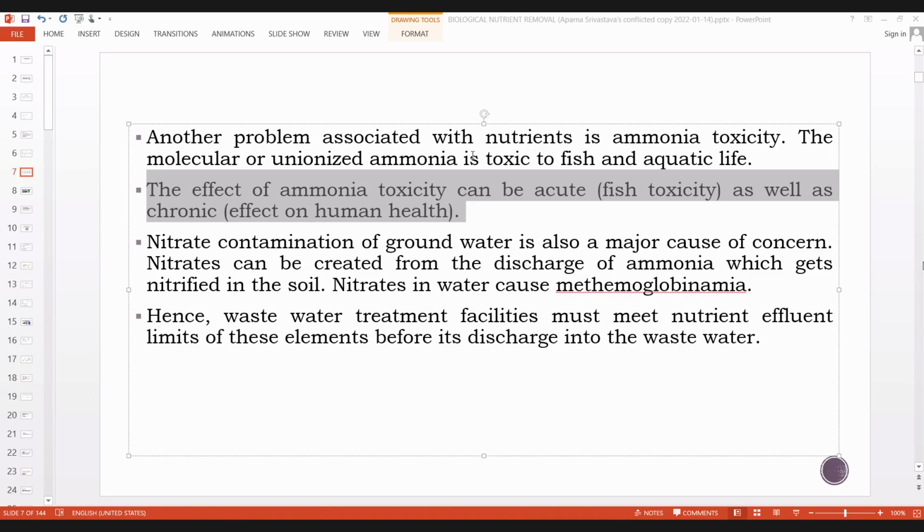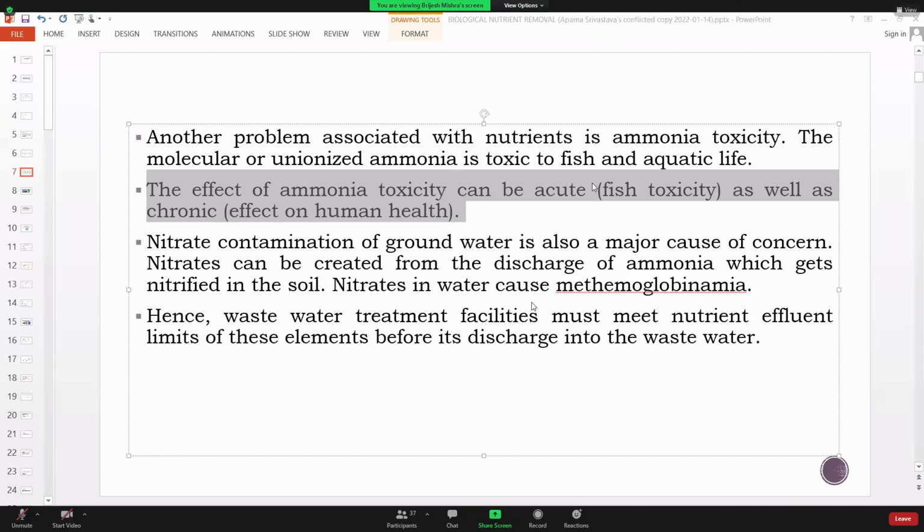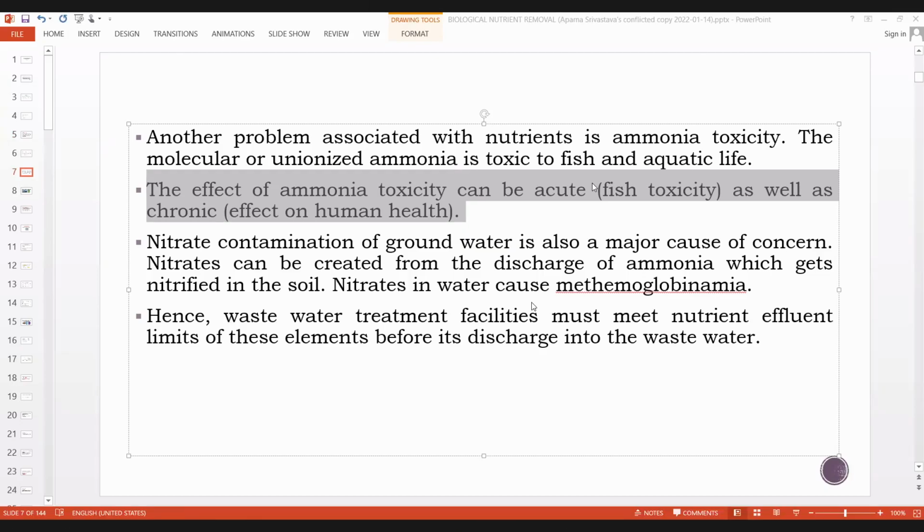That's why in rivers the concentration limit was kept at only 10 milligram per liter, but for the human body it was kept at 45. This is the only parameter worldwide where the concentration for surface water is kept below the permissible limit of drinking water. You will not find any other parameter where drinking water has a higher limit and surface water a lower one. It is only one parameter.